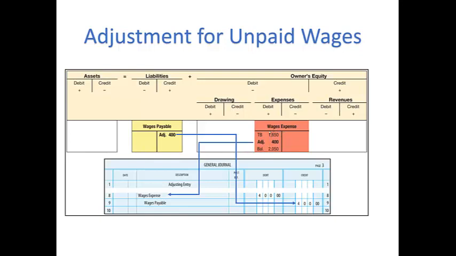It went from $1,650 up to $2,050. $1,650 of the wages were paid, $400 is still owed, but we've incurred the full $2,050 in the month of June. So we needed to make sure that these expenses, even though they're going to be paid in the month of July, are recorded in the month of June, because that's when they were actually incurred.